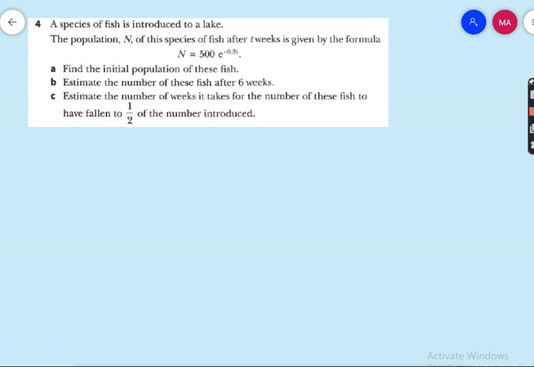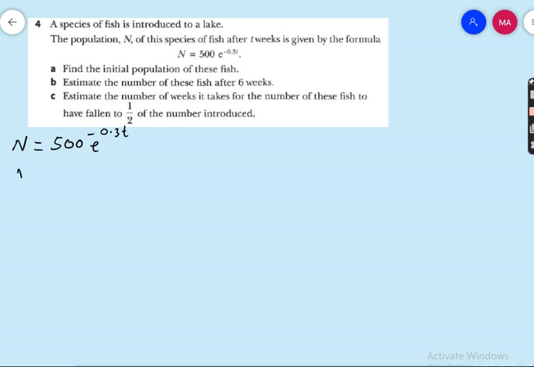A species of fish is introduced to a lake. The population N of this species of fish after t weeks is given by the formula N is equal to 500 e power minus 0.3t.